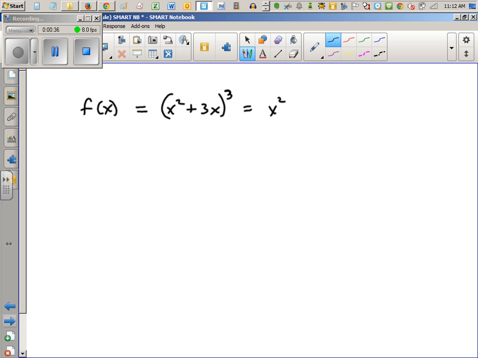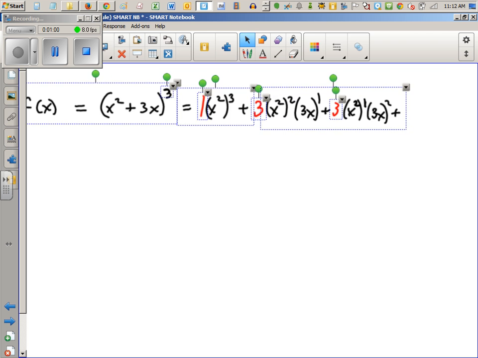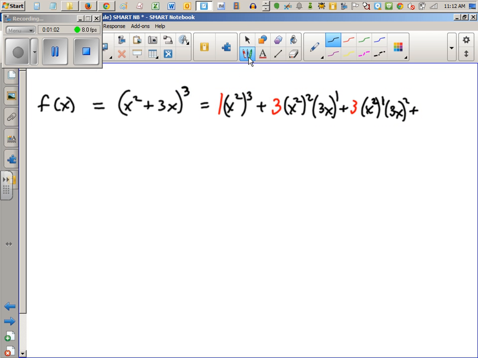So it's going to be x squared cubed plus, and then there's a Pascal number, x squared squared times 3x to the first, plus another Pascal number, x squared to the first times 3x squared, finally plus, and this is our last term, a 1 in front, and then it's just 3x to the third.